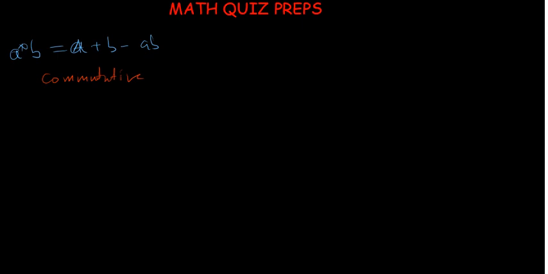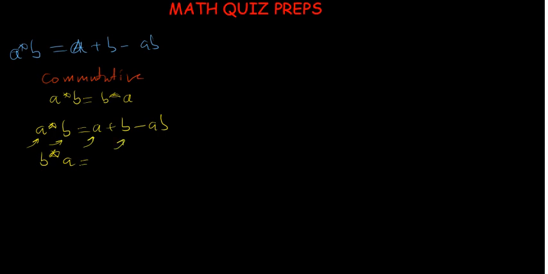What you want to show is that A star B should be equal to B star A. We already know that A star B is equal to A plus B minus AB. So if we take B star A, you take the first number, add the second number, and then subtract the product of the first number with the second number.